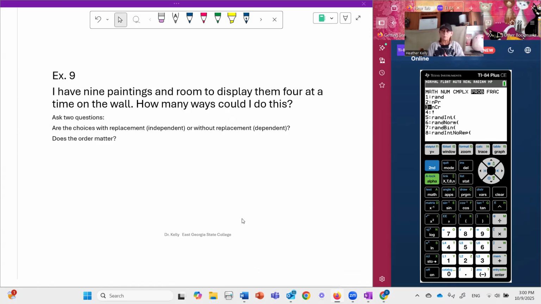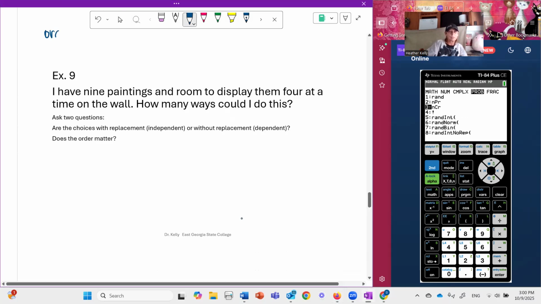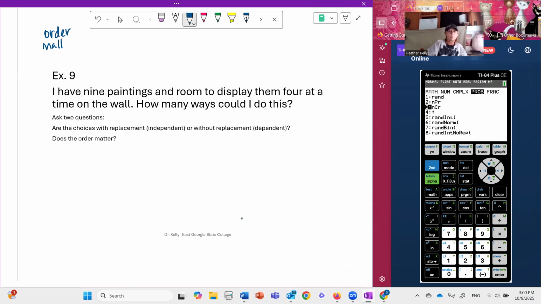Meaning, is it independent or non-independent? And does the order matter? If order matters, yes, then we use nPr. Let me just write this here instead of just saying it. So if order matters, then we have nPr. And order does not matter.